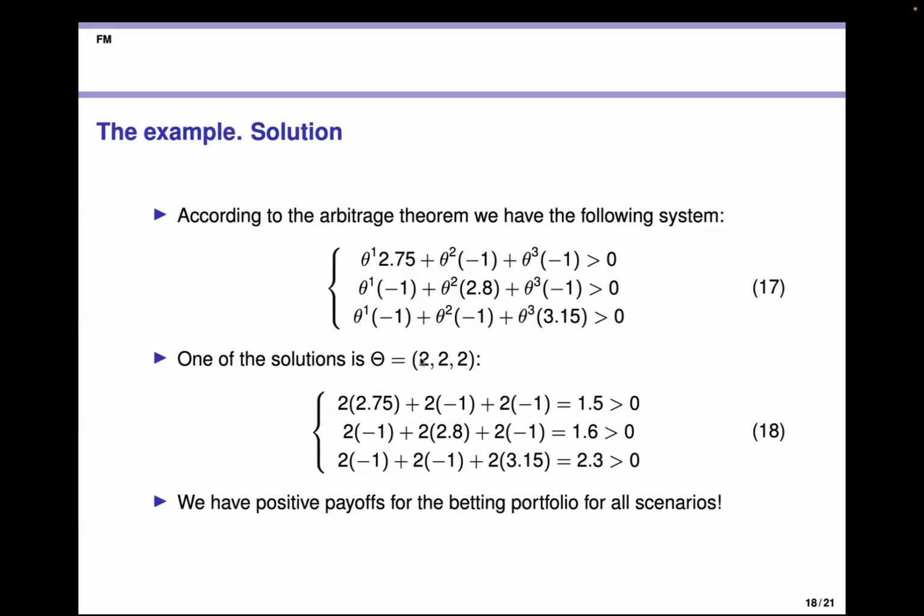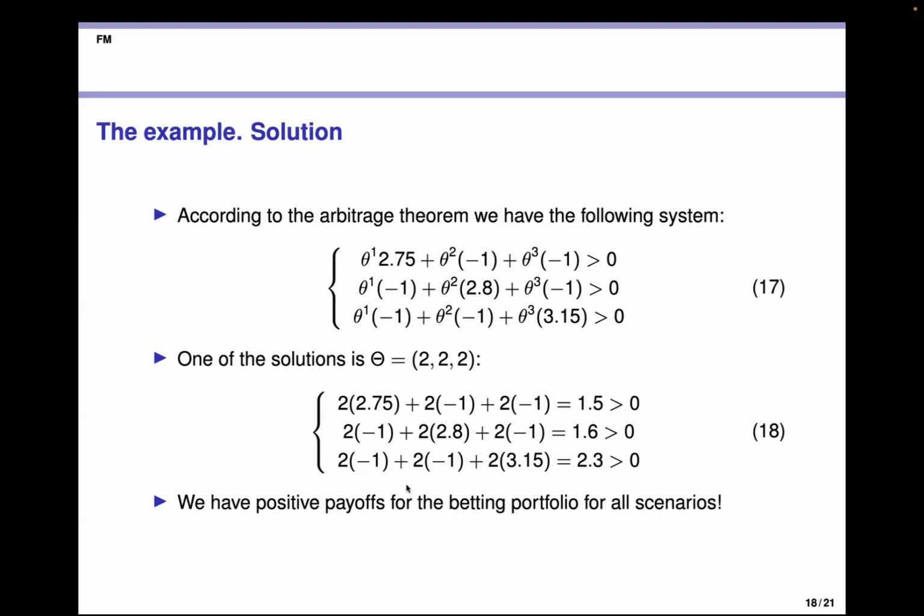We substitute 2 instead of theta 1, 2 instead of theta 2, and 2 instead of theta 3, and it will be more than 0. After that, we substitute theta 1, theta 2, theta 3 in this inequality. It is more than 0, and in this inequality it is more than 0, and you can check it yourself.